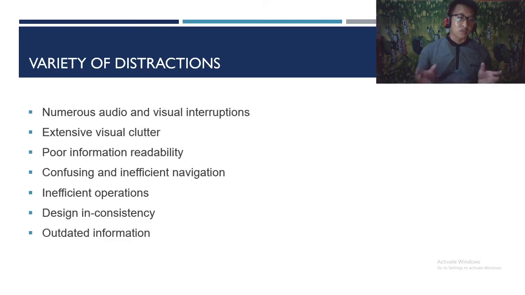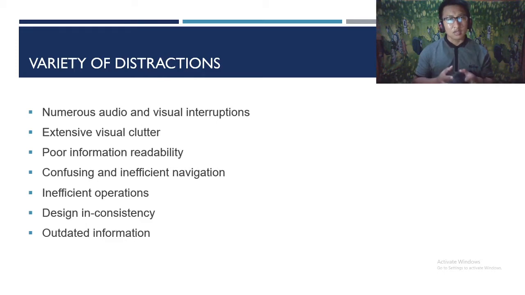Next, poor information readability. This is very important also, because most of the time users are going to read. The users are used to reading what they want, what they are doing. Navigating to another platform or another application needs reading.